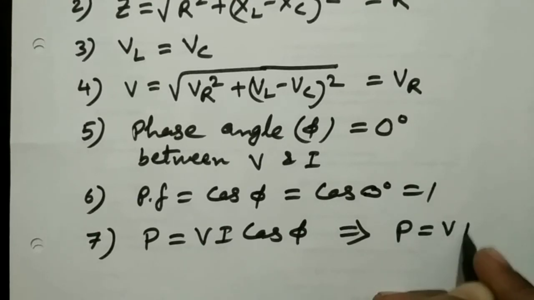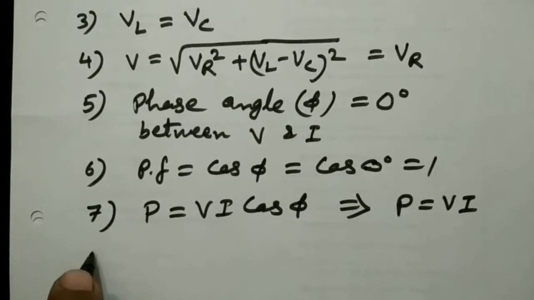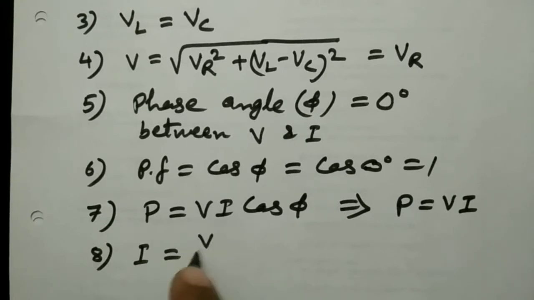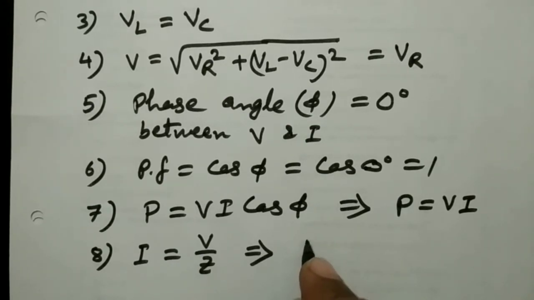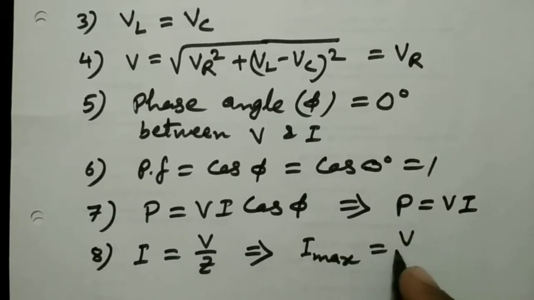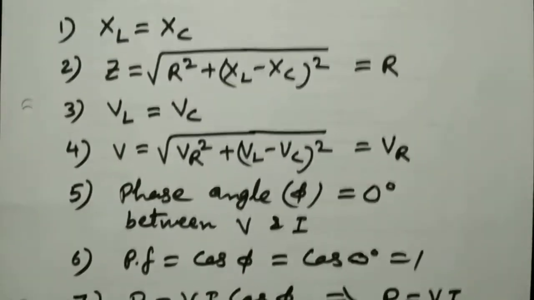It should be V into I. The current in the circuit, as we know, is equal to V upon Z. So in resonance condition, as Z is equal to R, that is the minimum, the current will be maximum and it will be V upon R. Because at resonance condition we have already seen that the impedance is equal to R, that is, the impedance is minimum.